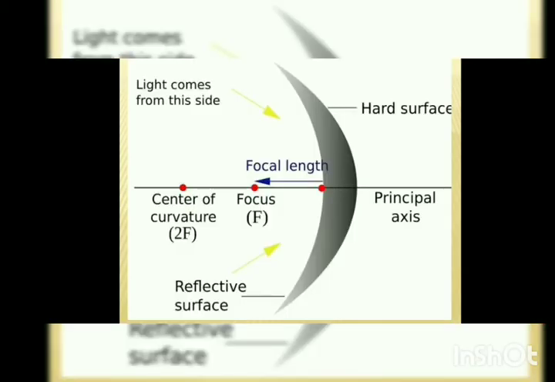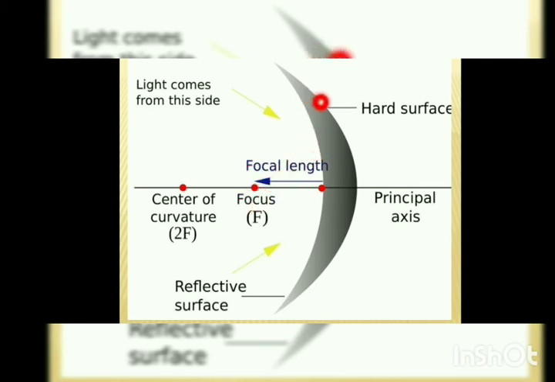And this figure represents all the terms together. See, this is the pole of the mirror. This point, which is the center of the mirror, is the pole, and this is the center of curvature, and the distance between the center of curvature and the pole is the radius of curvature. Also this is the focus where all the rays converge after reflection.